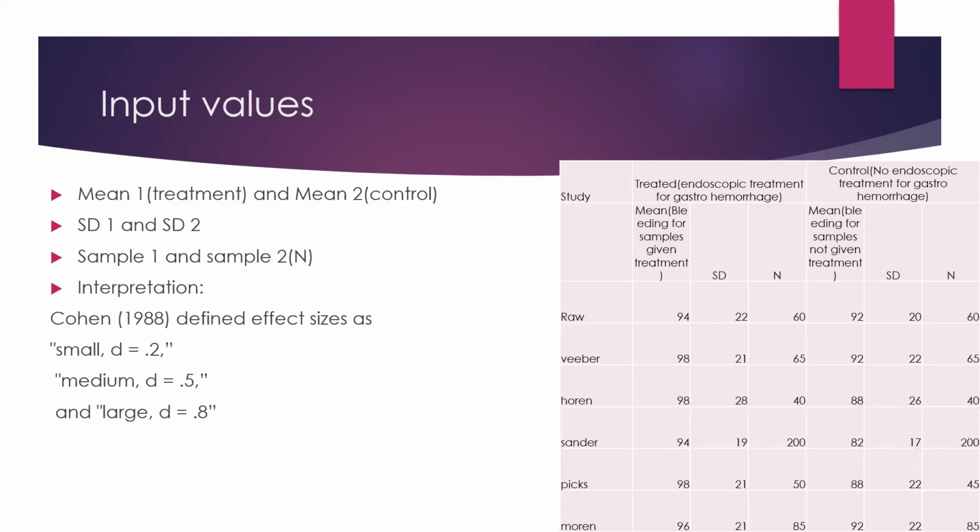The mean bleeding level in the treated group came out to be 94. The mean of those 60 people in the control group came out to be 92. I'm just reading the first row.